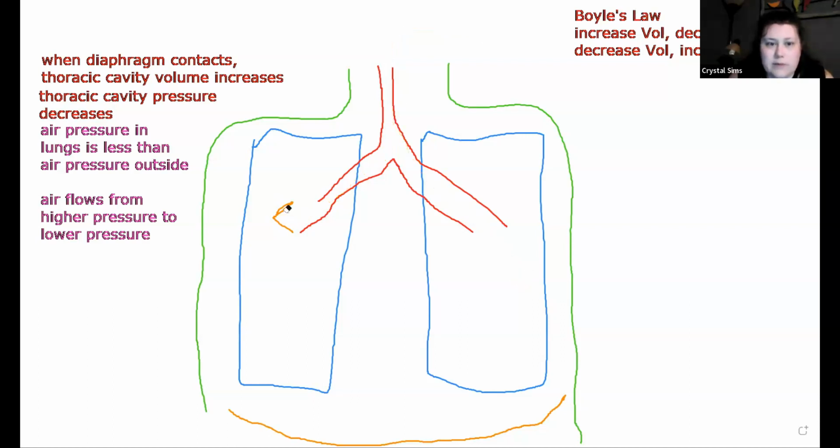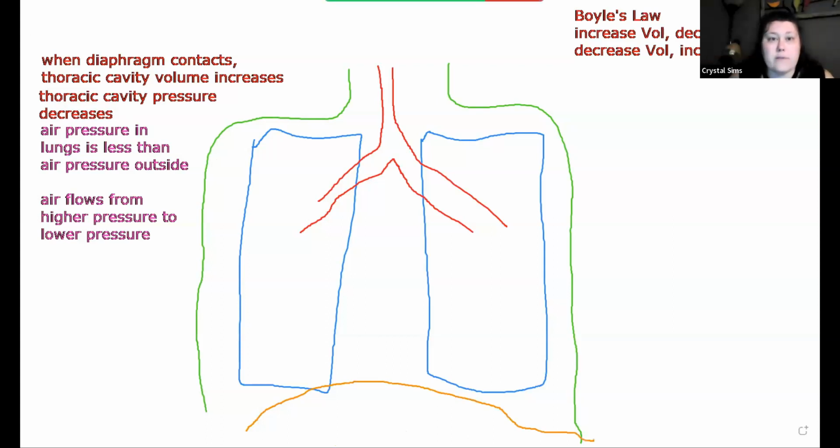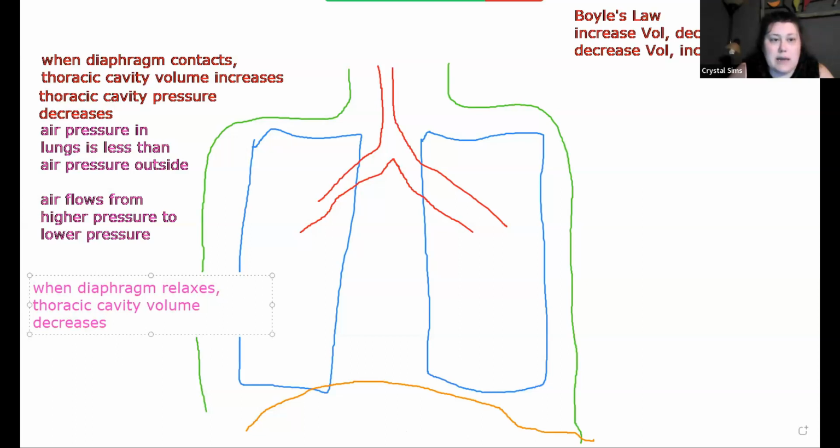So let me erase some of my stuff here. All right, so now the diaphragm relaxes. So the diaphragm is going to kind of come back up like this. Well, then everything that we've talked about here is going to be in reverse. So when the diaphragm relaxes, the thoracic cavity volume decreases, okay, which means that thoracic cavity pressure increases according to Boyle's law, which is what we have defined.